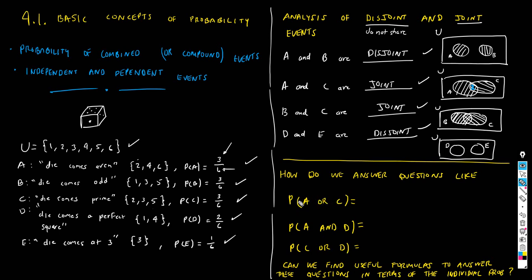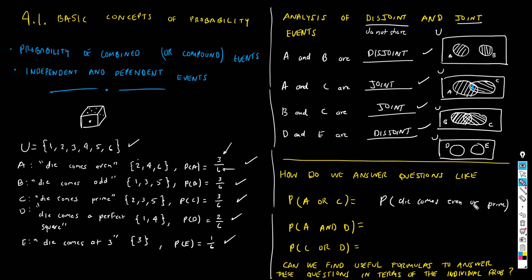Well, what this means is the following, guys. This is the probability of either A or C happening. What is A? The die comes even. What is C? The die comes prime. So I can read this as the probability of the die comes even, because that's A, or the die comes prime.